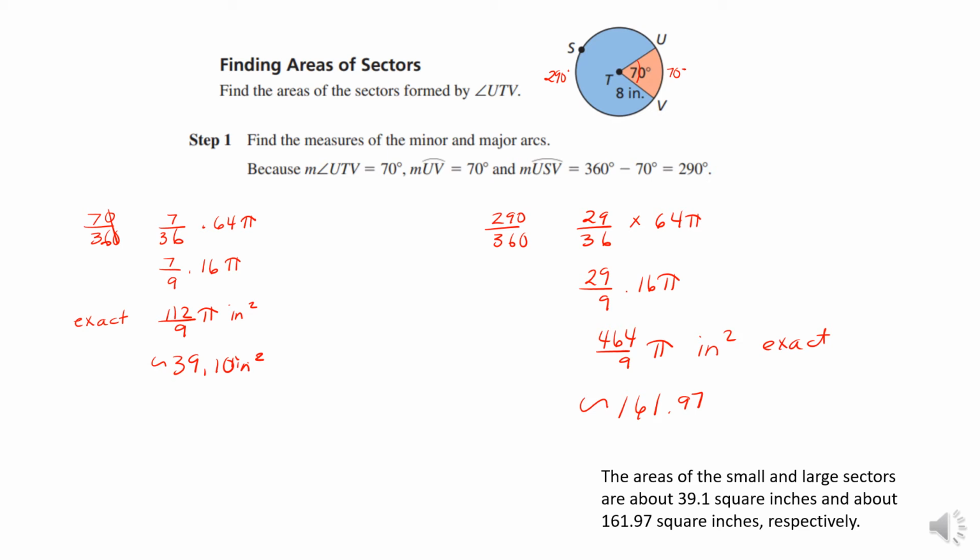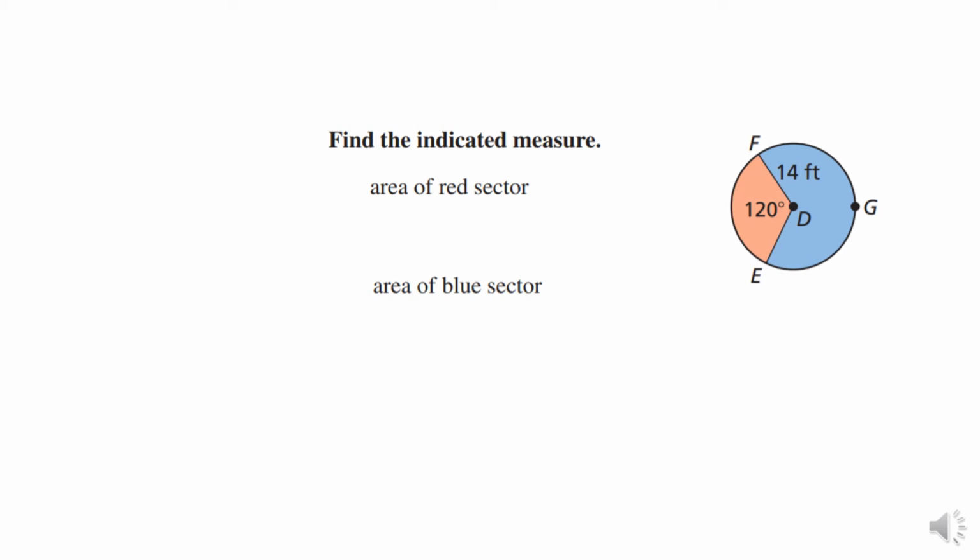Okay, let's try another one. So they want you to find the indicated measure of the area of the red sector and the area of the blue sector. So I'm going to do the red sector first, and we're going to go 120 over 360, and I want you to do a lot of these examples to make sure you're good at this. That's 1/3, so we're going to go 1/3 times pi, and our r is 14, so 14 squared.